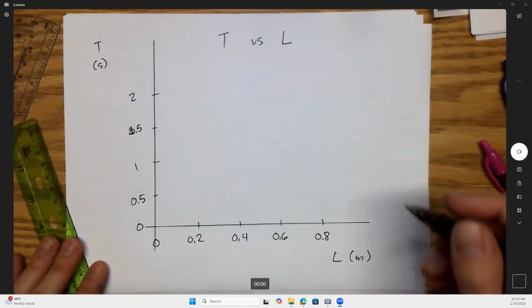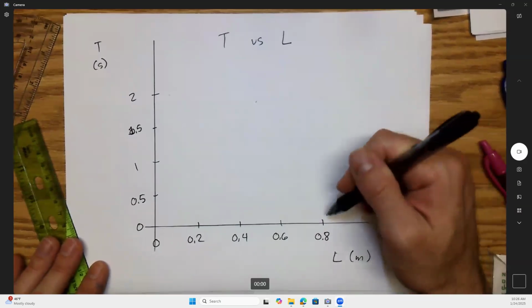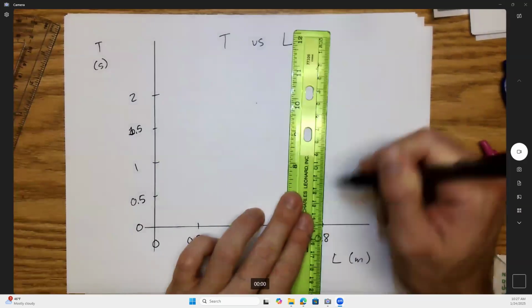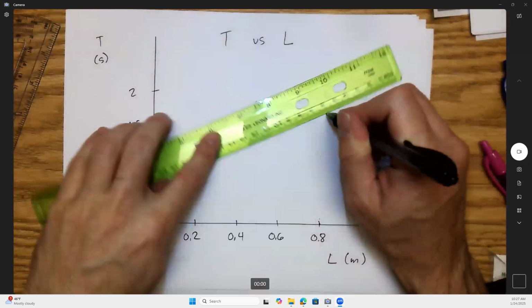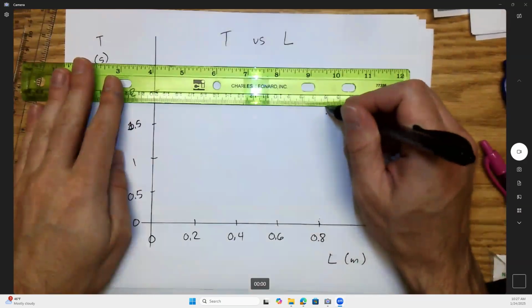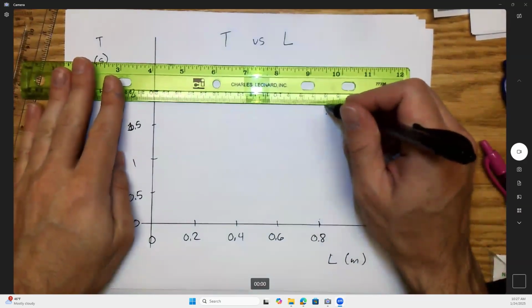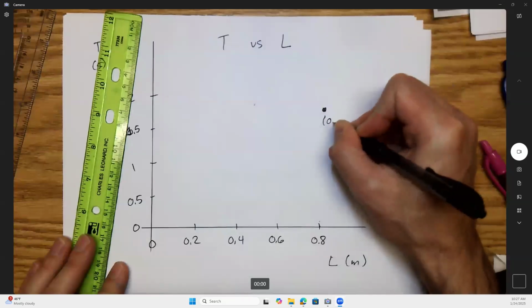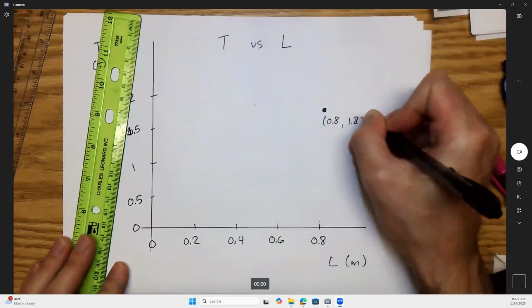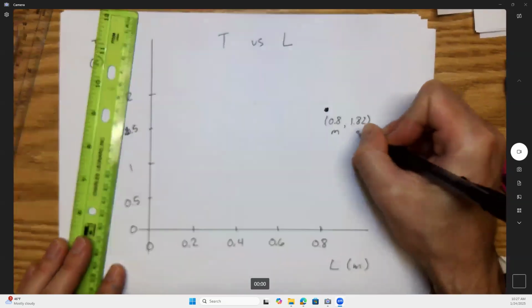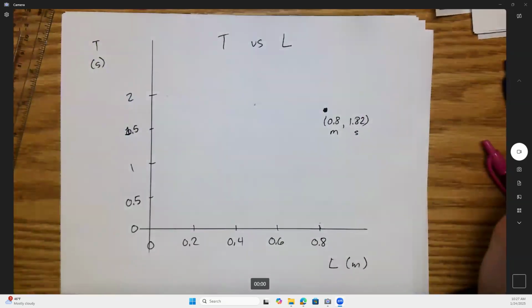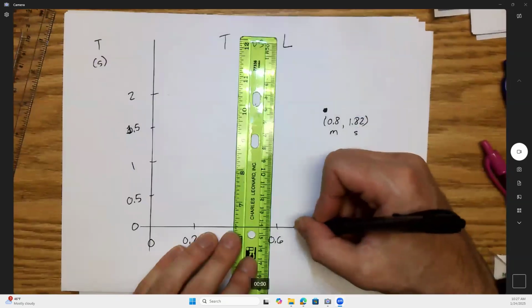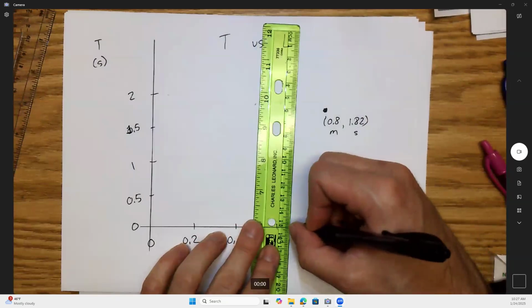One coordinate was, let's say, 0.8 and then 1.82. Got meters, seconds. All right, next coordinate. And let's just say, for the sake of argument, 0.66 and 1.6.